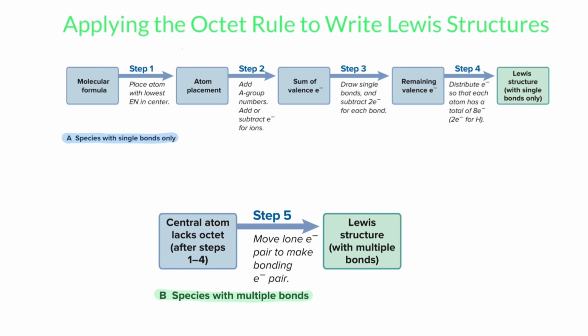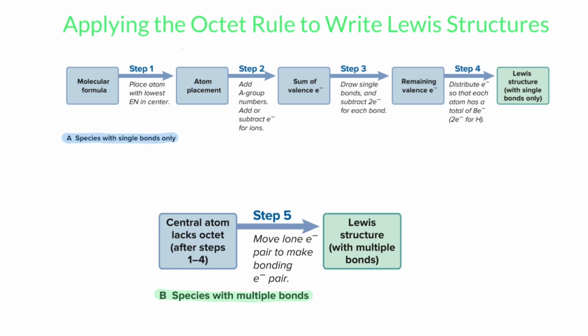Hi everyone. Today I want to discuss how to draw a Lewis structure. It is very important to understand for inorganic chemistry and also organic chemistry, and I will explain today the simplest method to draw any molecule, inorganic or organic, with four very easy steps.